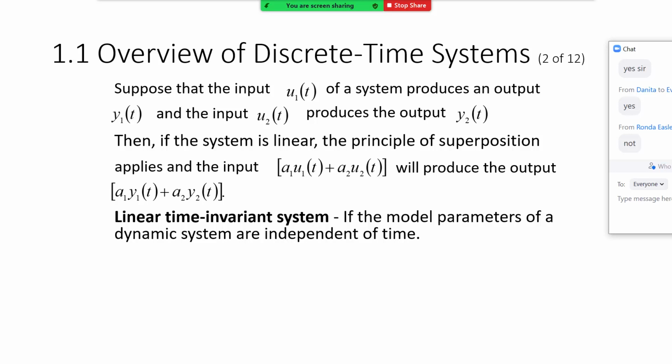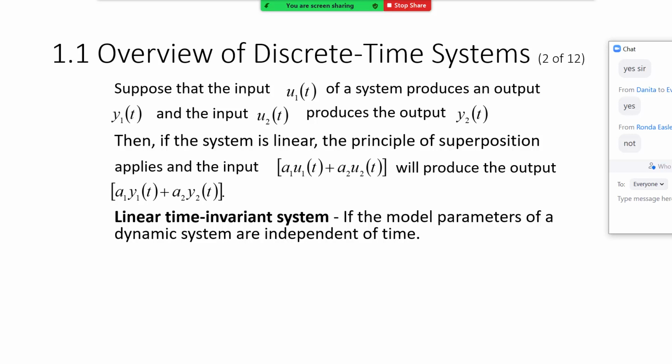Does that make sense? That's why we like linear systems. Now, what do we do with nonlinear systems? We can do nonlinear analysis, or we can always take the nonlinear system and try to linearize it: find a point in its operation where it behaves almost linearly. Make sense?